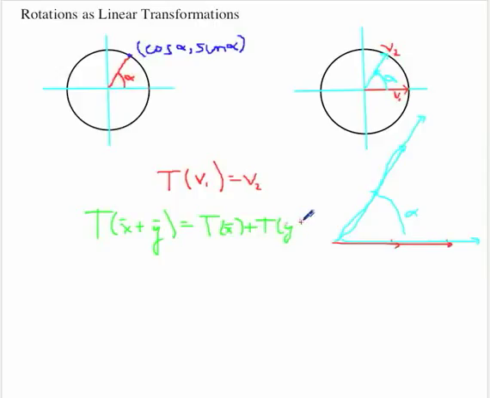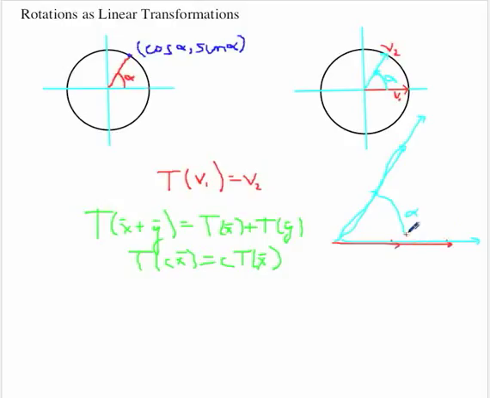And likewise, if I just scale the vector, multiply it by some constant, the resultant rotated vector is still just that constant times the little piece, the main unit vector that got rotated. So a rotation is a linear transformation.